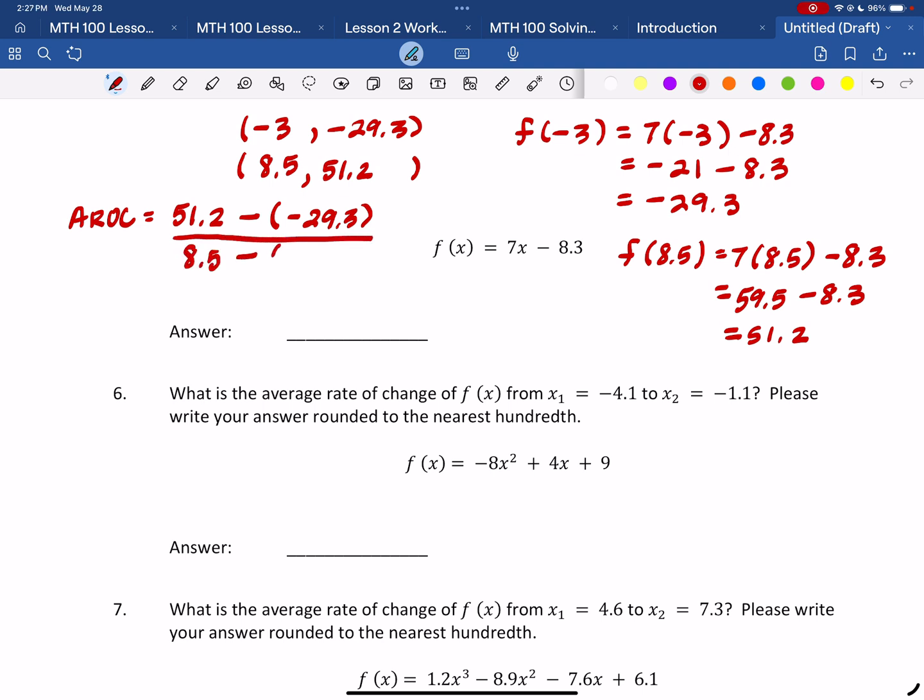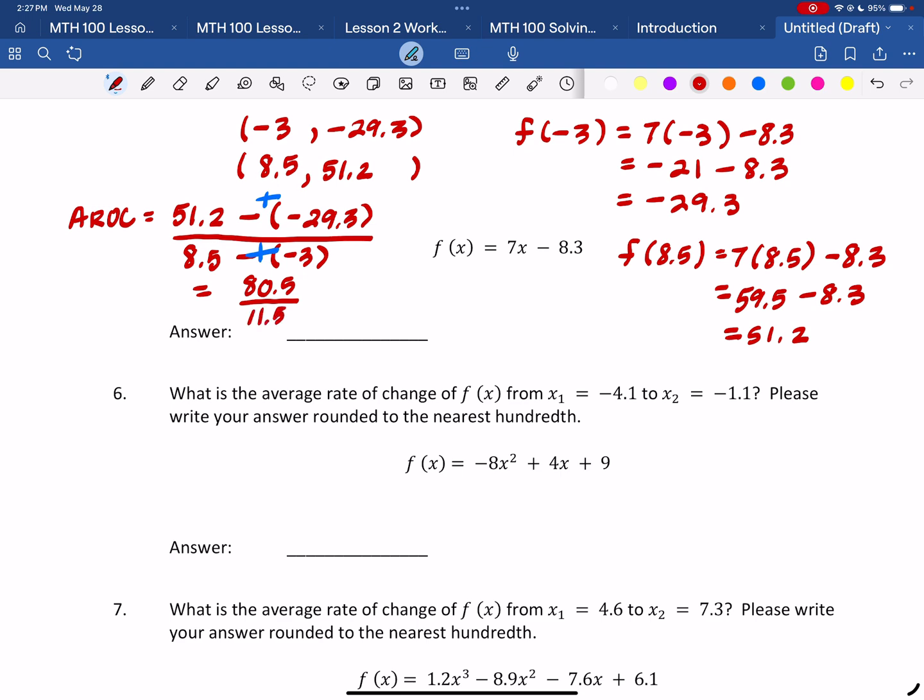8.5 subtract negative 3. Again, I have double negatives. These are going to become positive, so 51.2 plus 29.3 is 80.5. And then my denominator, 8.5 plus 3 is 11.5.